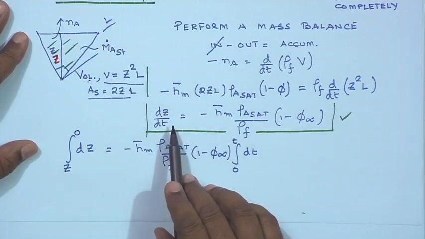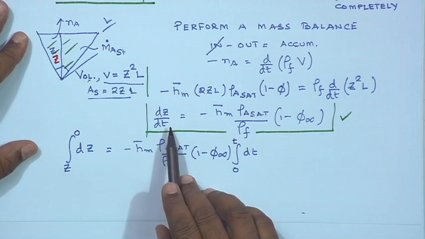I would also like you to take a look at dz/dt. The dz/dt expression does not contain any z; it contains only constants: h bar m, rho of the fluid, rho of liquid water, phi the relative humidity, and so on.